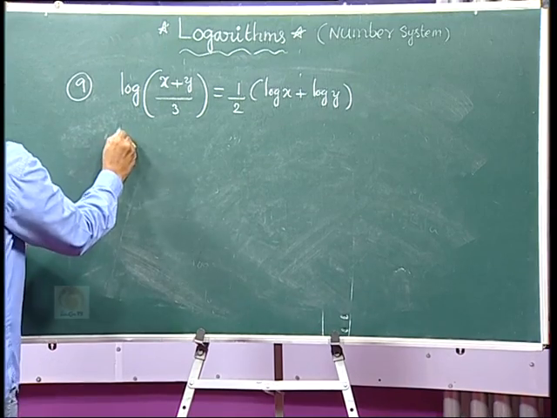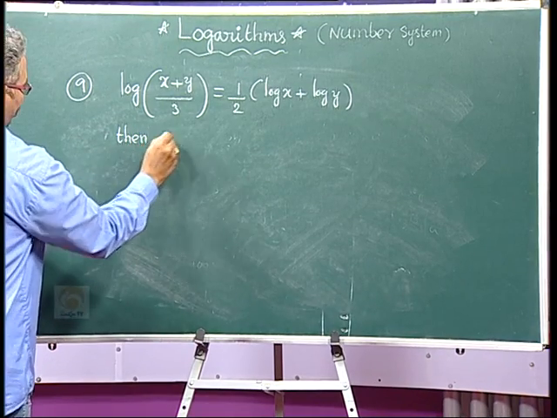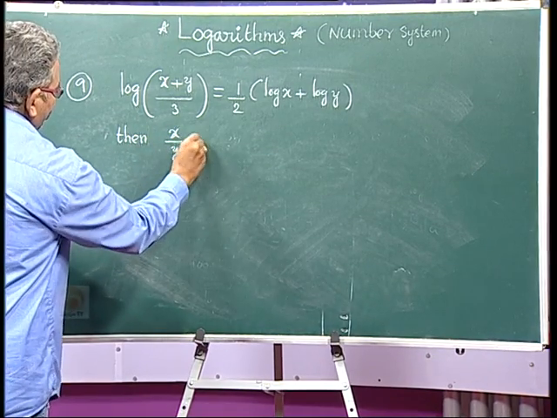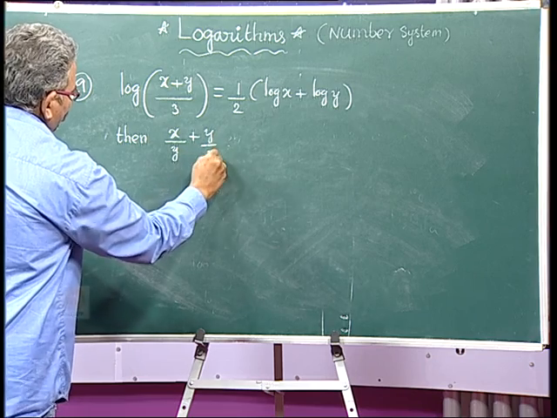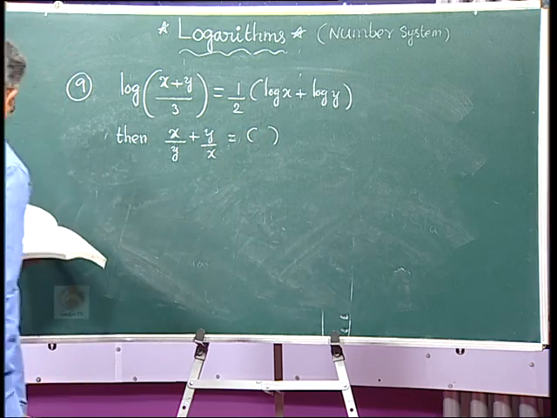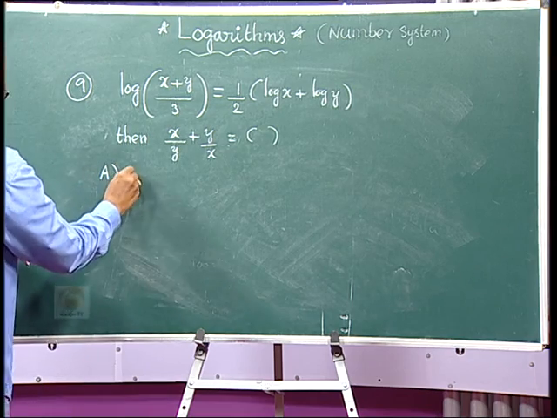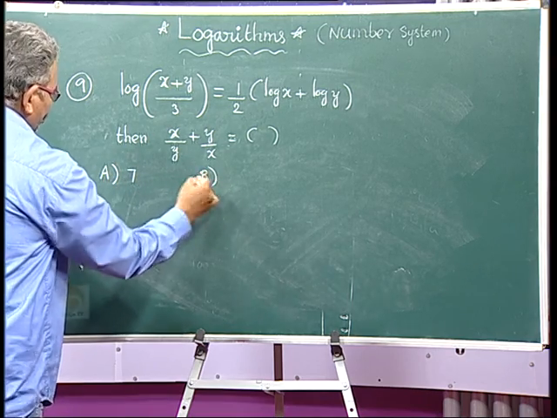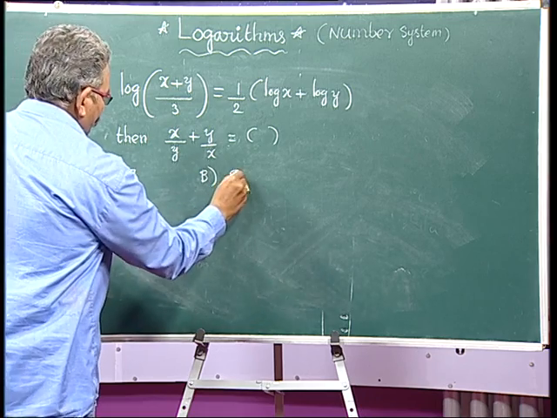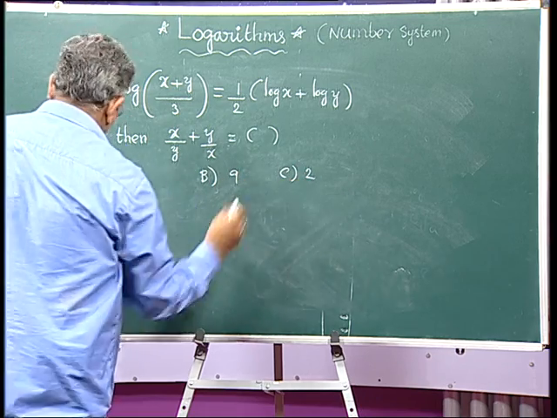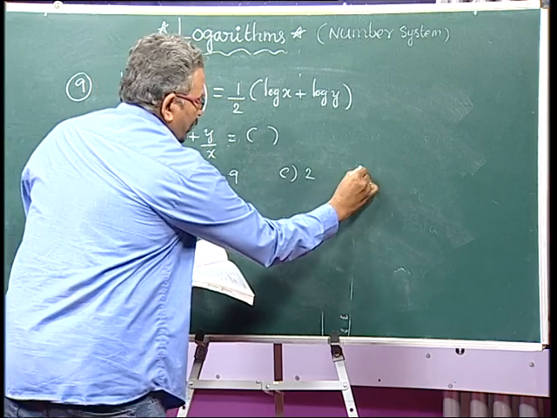Then x by y plus y by x is equal to. So, A 7, B 9, C 2, D 3.